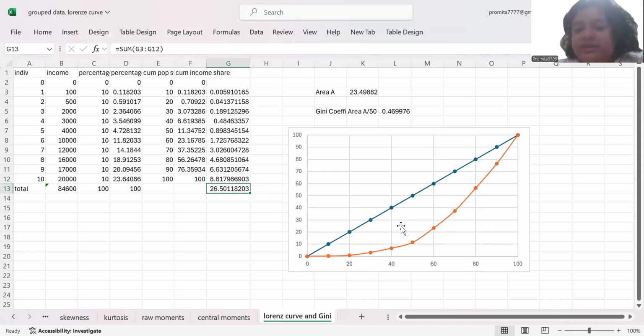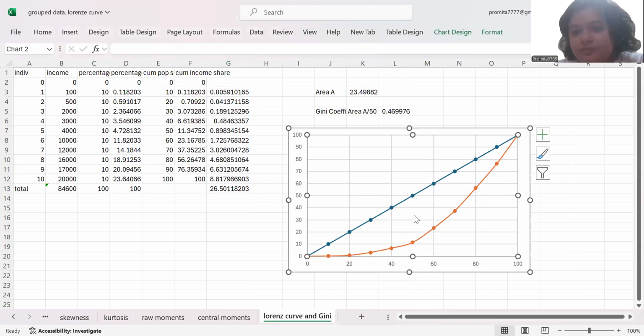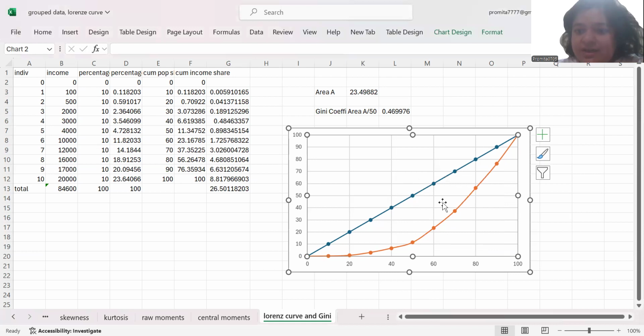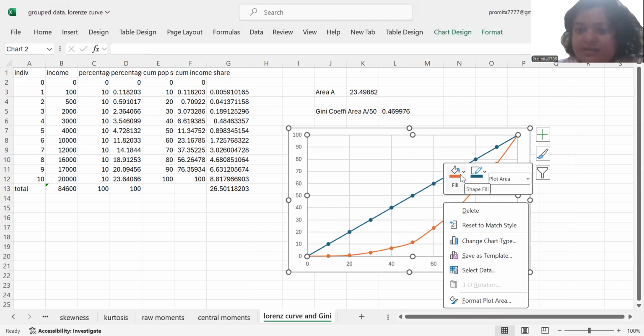And now this area A, I'll just fill this area to make you understand this.